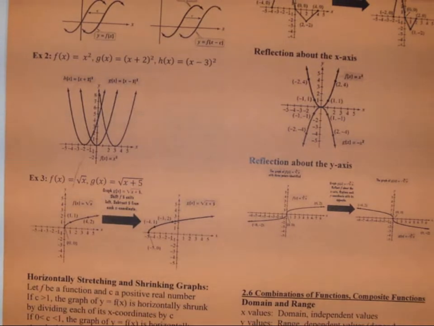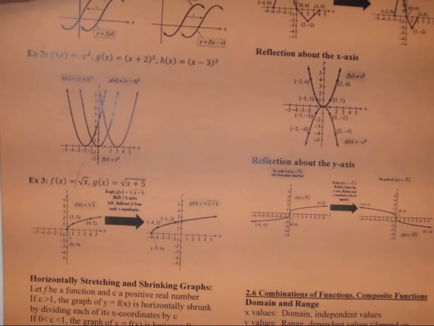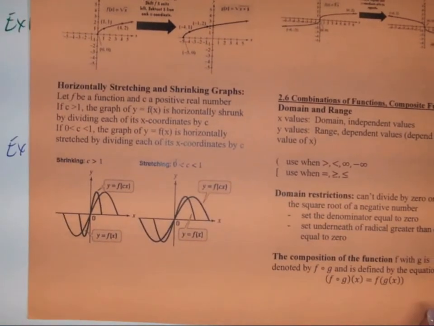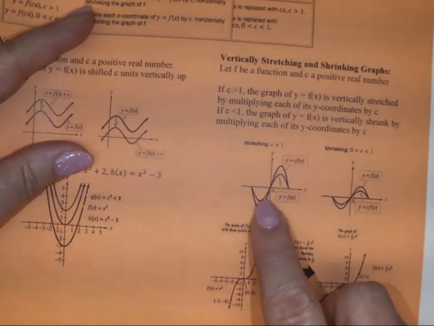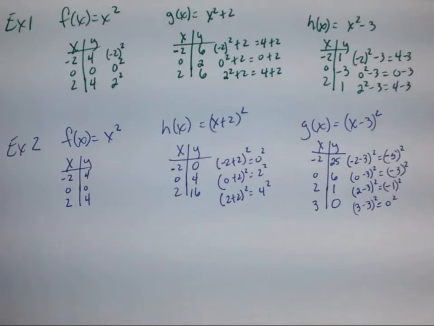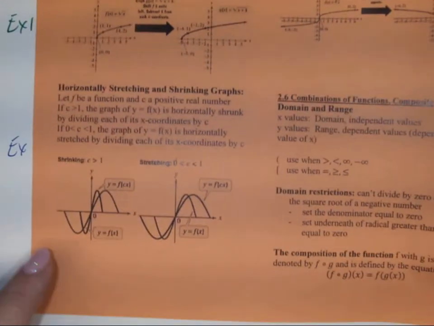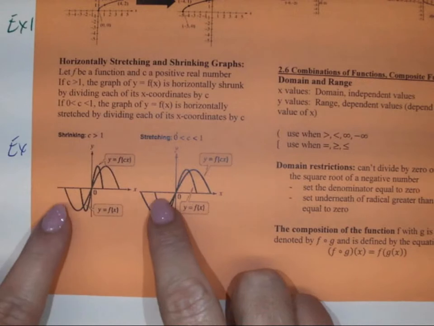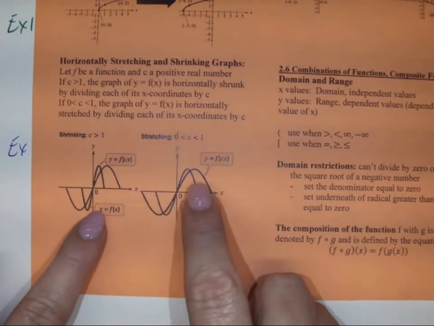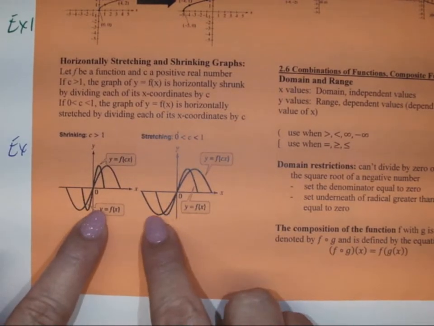So now we're going to look at our horizontal stretching and shrinking. So remember when I was talking about the vertical, the x values didn't change, but the y's did. Now if we look at this, for the horizontal stretching and shrinking, notice that the x values are the ones changing, but the y values do not change.